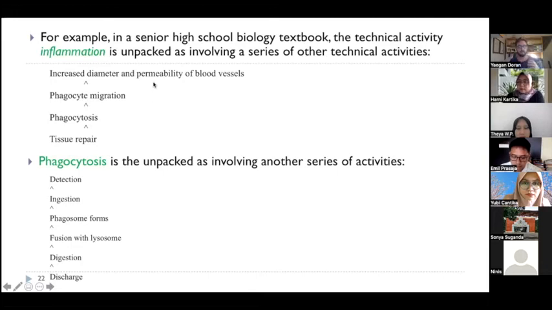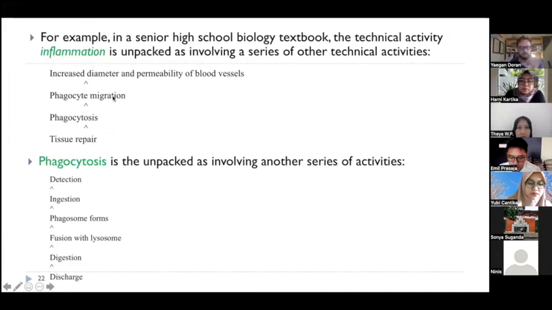And rather than saying there are different types of inflammation or there are parts of inflammation, we can unpack inflammation as being a series of other activities, series of other technical terms. So what inflammation is, for example, is an increased diameter and permeability of blood vessels, followed by phagocyte migration, followed by phagocytosis, followed by tissue repair. All of that together is inflammation.